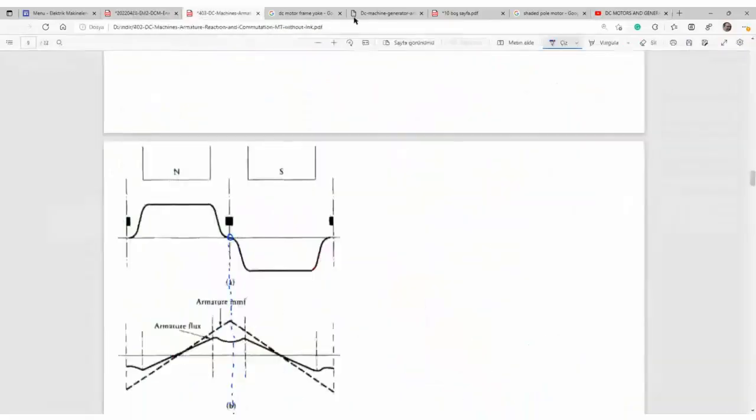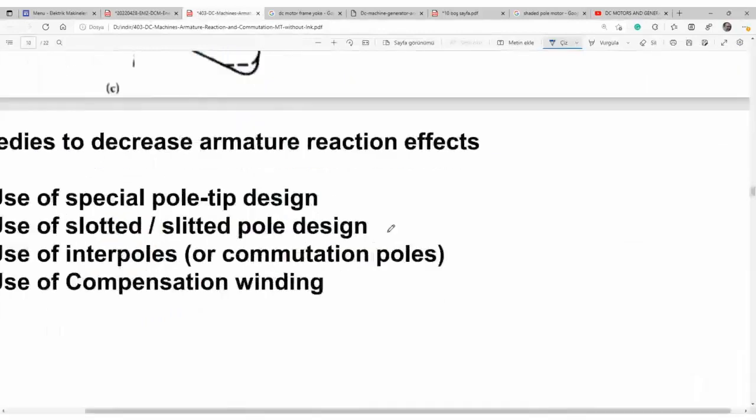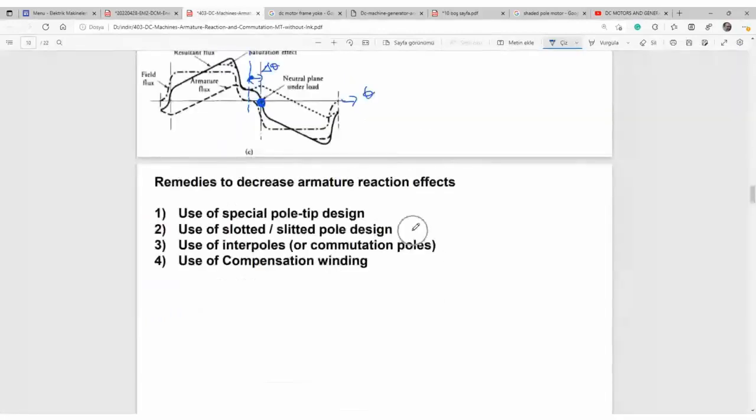So, gentlemen, remedies or designs, precautions, remedies to decrease armature reaction effects.